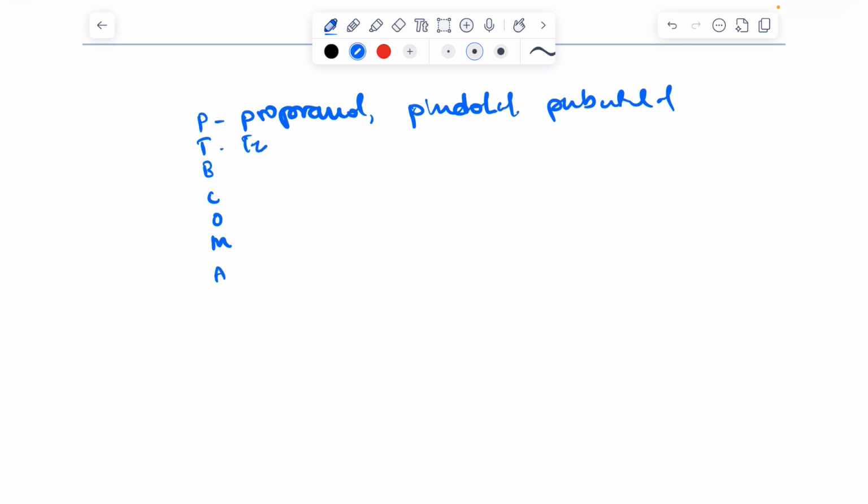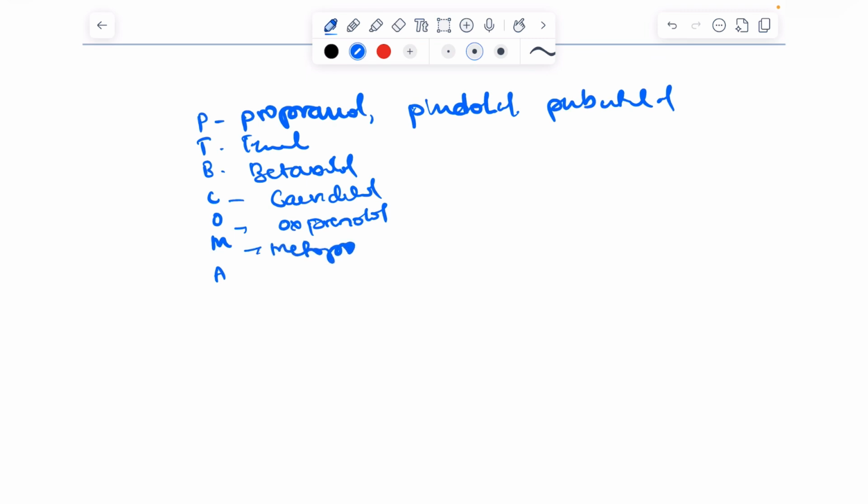T means timolol, B means betaxolol, C means carvedilol, O means oxprenolol, M means metoprolol, A means acebutolol, not your atenolol.